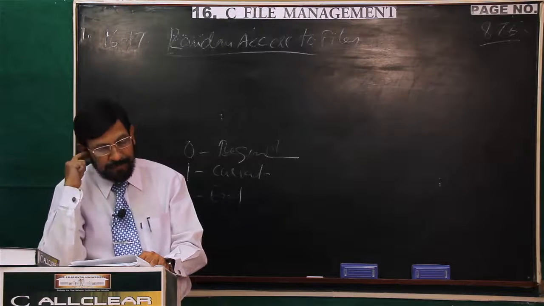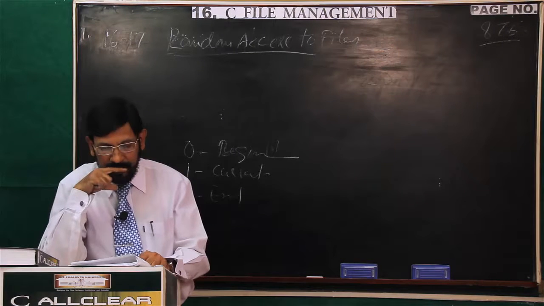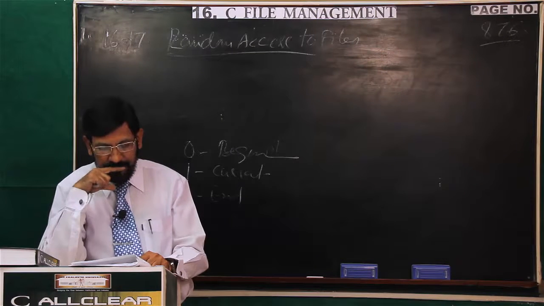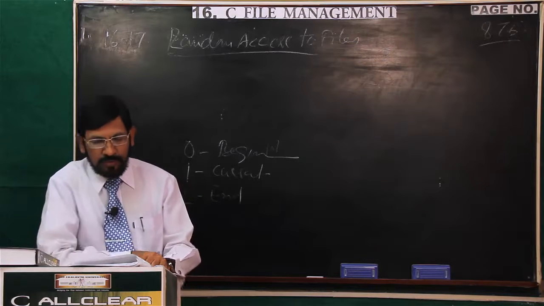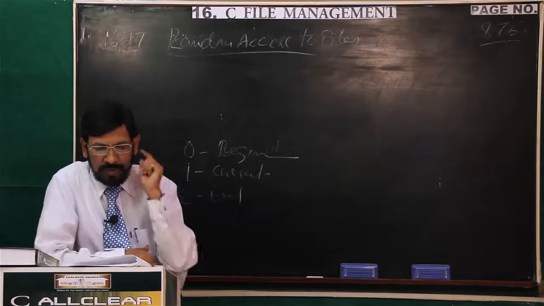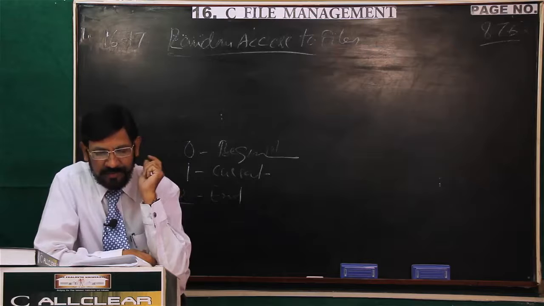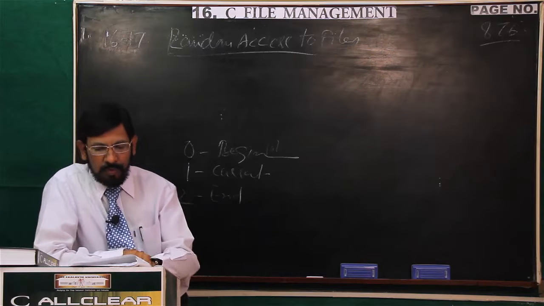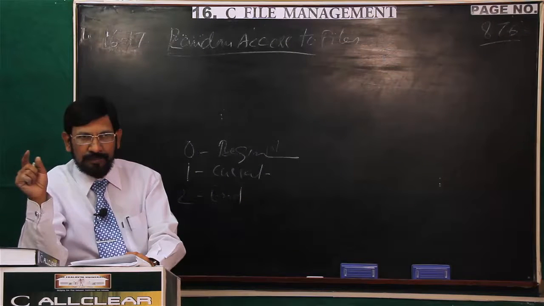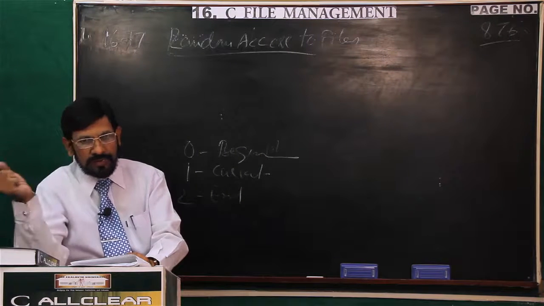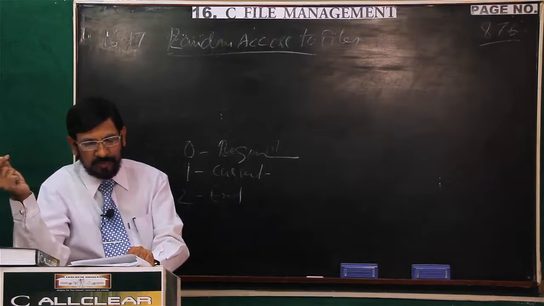Thereafter we are applying these fseek functions. Now you see, study that. Now the file pointer is at the end of the file, and we want to go back 13 spaces from the end of the file.